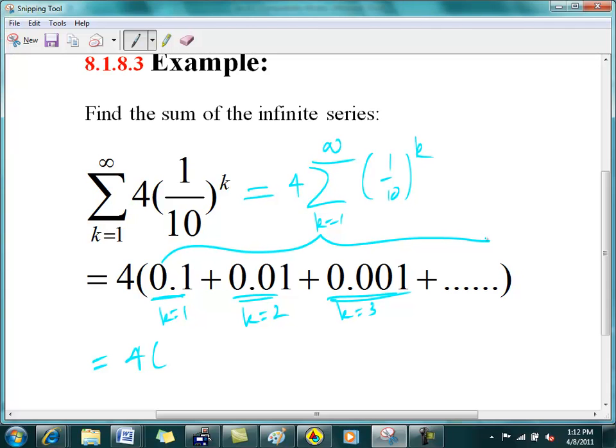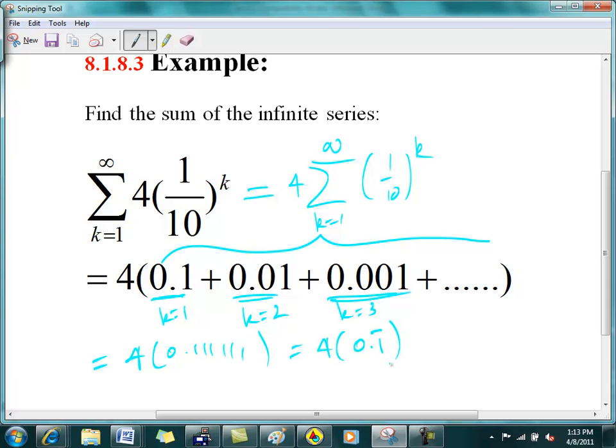Isn't 0.1 plus 0.01 equal to 0.11? Then isn't the next one 0.111, then 0.1111, which is the same thing as 4 times 0.1 recurring?